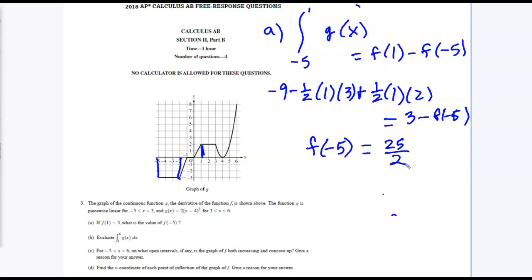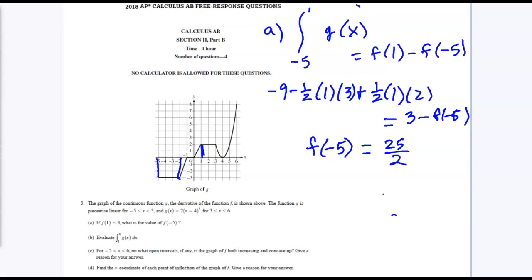So basically, for part B, we're asked to evaluate the integral from 1 to 6 of g of x dx. But if we look at our graph, from 1 to 3, I have a square. And then from 3 to 6, it's the area under my function, which is 2 times (x minus 4) all raised to the power of 2.